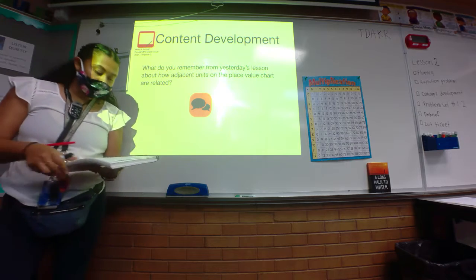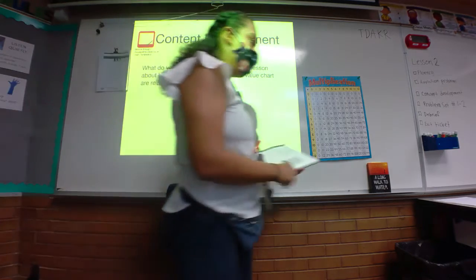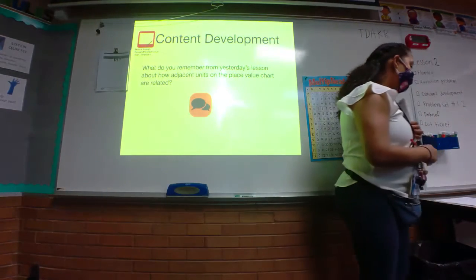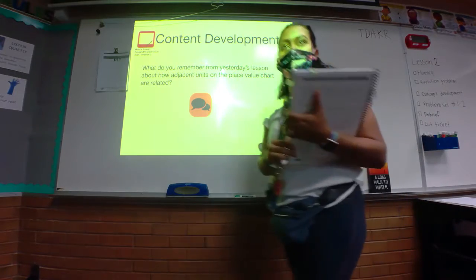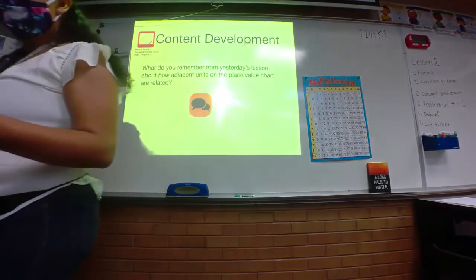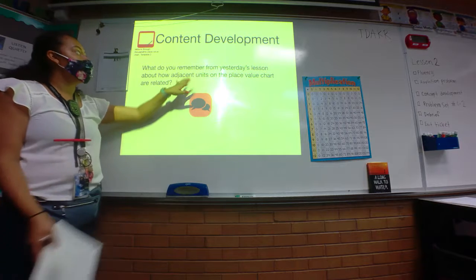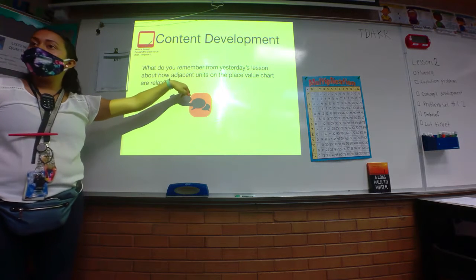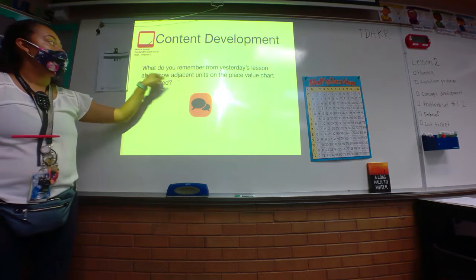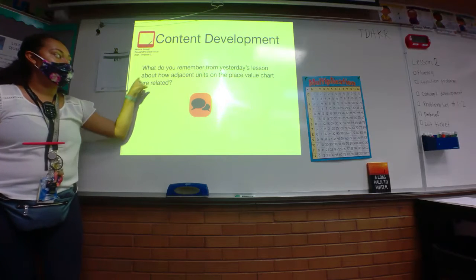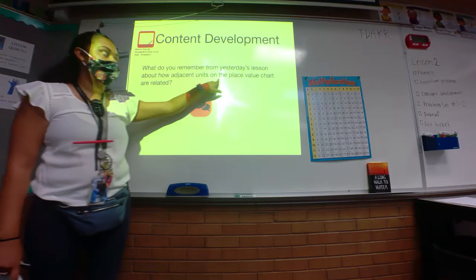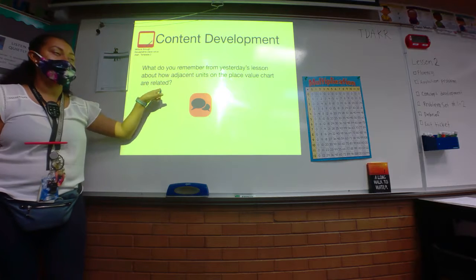We're now starting our concept development. So this is what you will be needing in order to be successful on problem set and exit ticket. Okay, let's read our discussion. So what do you remember from yesterday's lesson about how adjacent units on the place value chart are related?